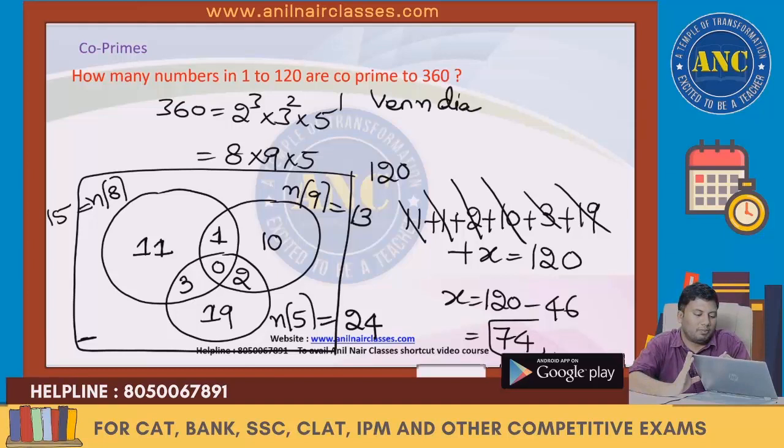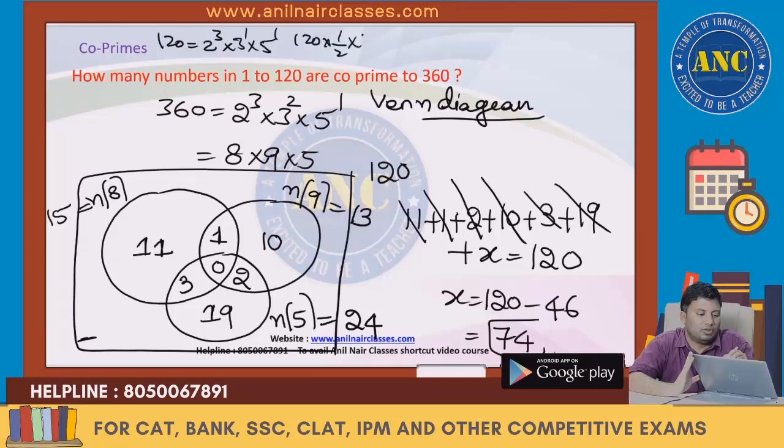Because in the previous method, most of the students treat it as exactly 2 cube into 3 into 5. Now see here, they will do like this, 1 by 2 into 2 by 3 into 4 by 5. That is what exactly I did. But when they are doing it, they are ignoring these powers.